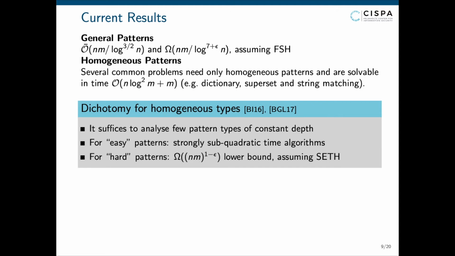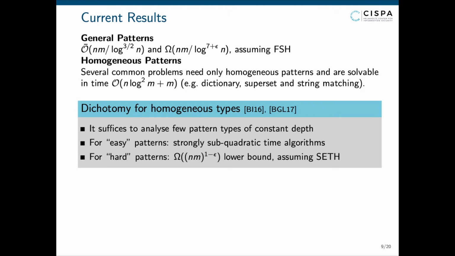Normally we would have to consider all homogeneous pattern types, as there can be infinitely many combinations of patterns, but actually there are reductions between the types, so it suffices to consider very few homogeneous patterns.